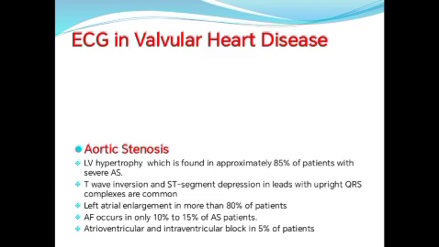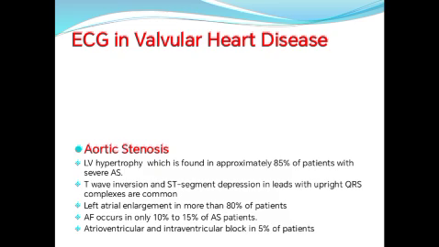Okay, I think we have to stop here. We have the ECG changes that occur in valvular heart disease. If we talk about aortic stenosis, definitely here we'll see left ventricular hypertrophy. So the ECG changes, definitely we have features of left ventricular hypertrophy, and it occurs in about 85% of patients.